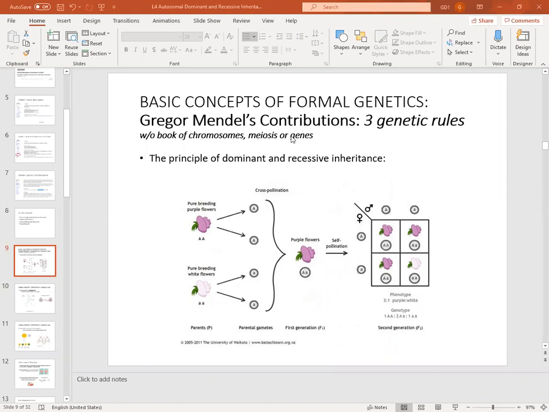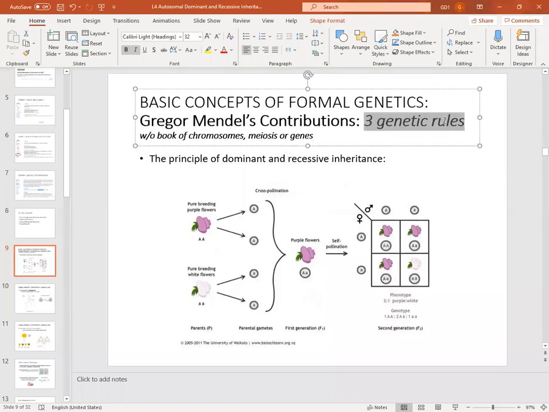We talk about the contribution of Mendel in our course. First, the most valuable work of Mendel is that he made three genetic rules; he is the father of genetics.